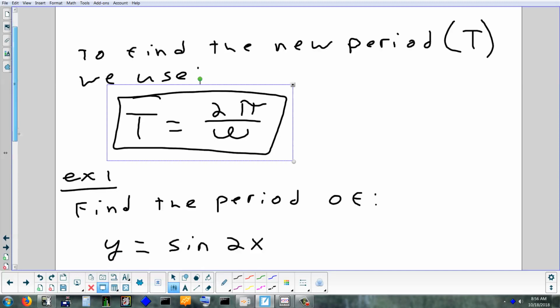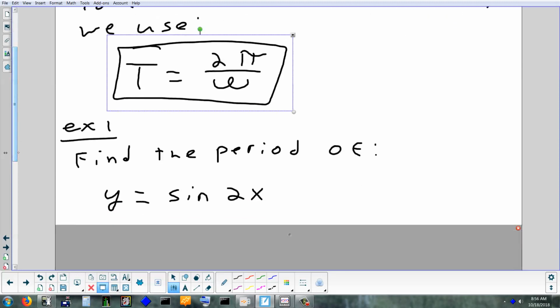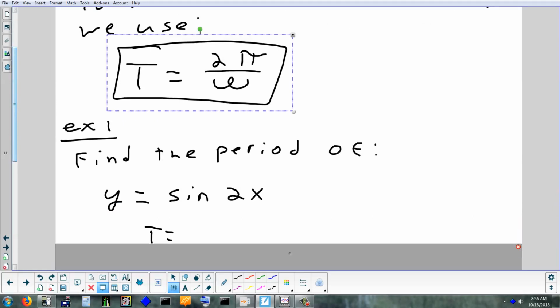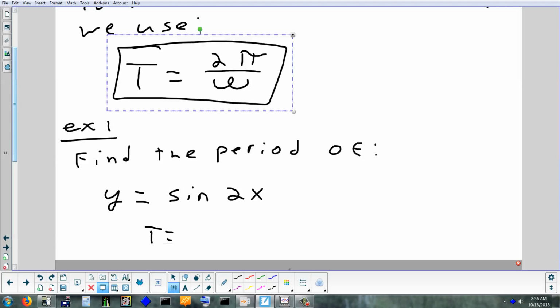So let's try this one. Find the period of sine 2x. And that's kind of like what I just explained. Right? So you always start with 2 pi on top. And what's omega in this problem? What number? 2. Okay, I want to be clear that that number that I just circled, that's not the period.